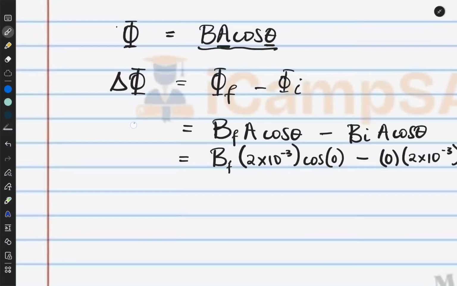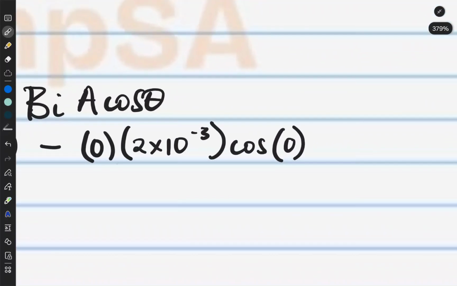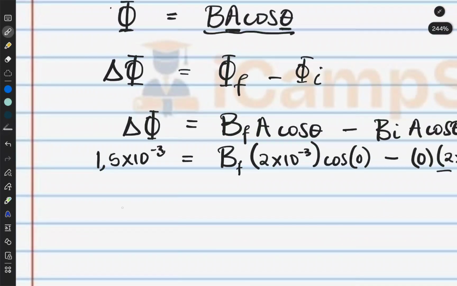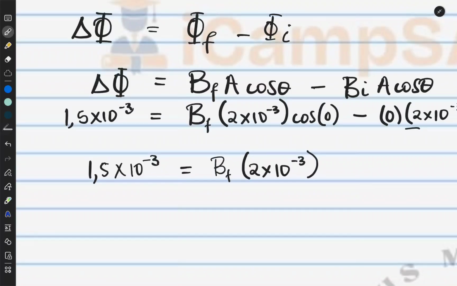And we are given, okay, let's write this guy, the change in the magnetic flux linkage to be 1.5 times 10 to the minus 3. Right? We know that any number multiplied by 0 is simply 0. So this whole thing will go away. Okay? So we will be left with 1.5 times 10 to the minus 3 is equal to BF times 2 times 10 to the minus 3.